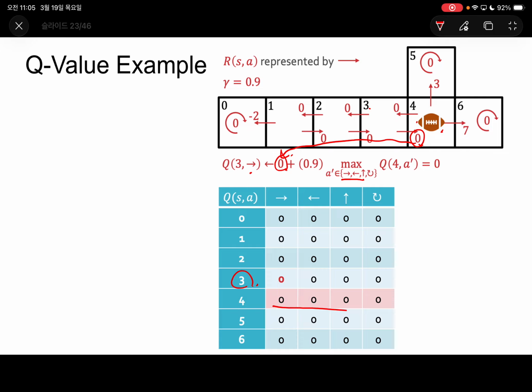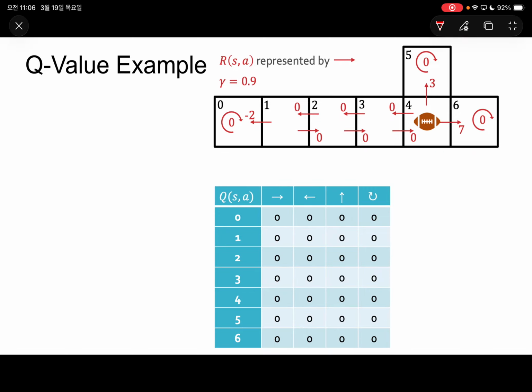But unfortunately, we know nothing about the environment, so we just rely on our Q table. And according to the Q table, from state 4, all the Q functions are just 0, right? So this number is just 0. We cannot update this one. So we just have the same 0.